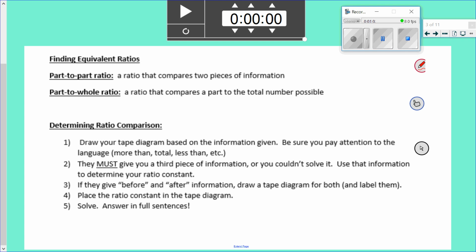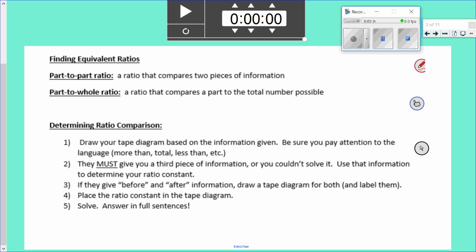Most of what we're doing today is a whole bunch of word problems where we're actually solving for missing information. So to do this, when we're doing ratio comparisons, I've developed this 5-step process. The first thing you need to do is draw your tape diagram based on the information that they've given you. Make really certain that you pay attention to the language.